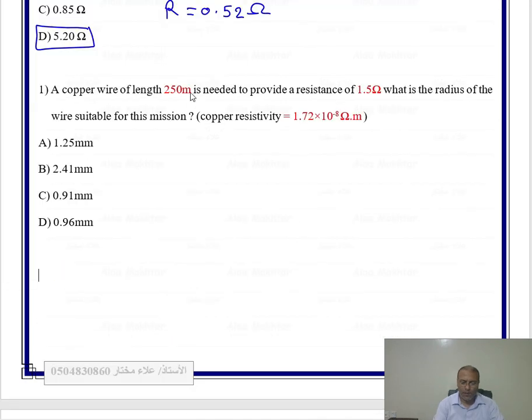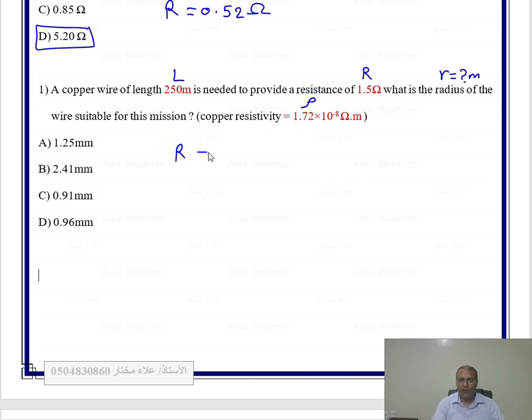A copper wire of length L, 250 meters, is needed to provide a resistance R. What is the radius, in meters? We can convert it to millimeters or anything. The wire is suitable for this mission, copper resistivity is rho.